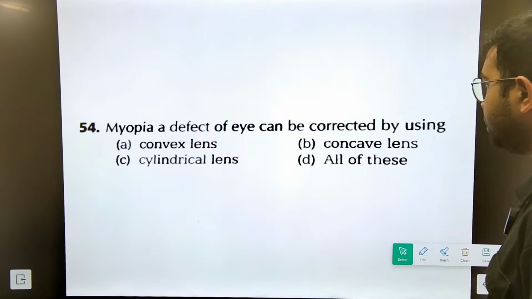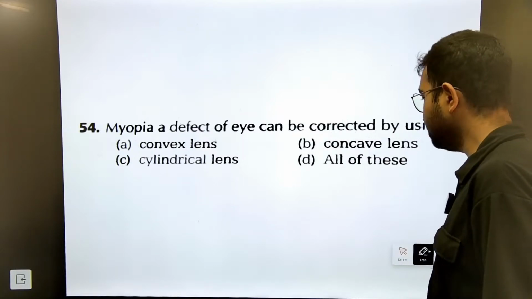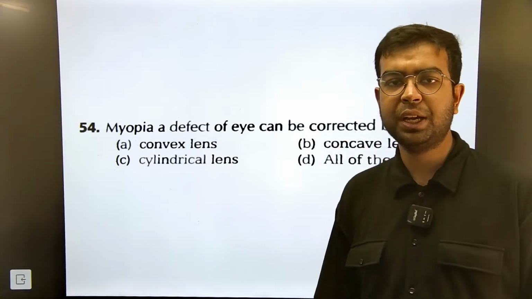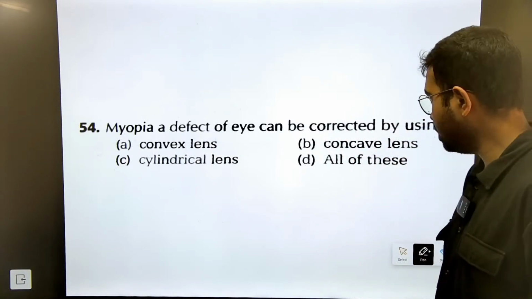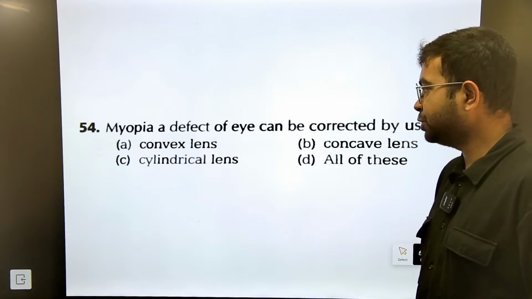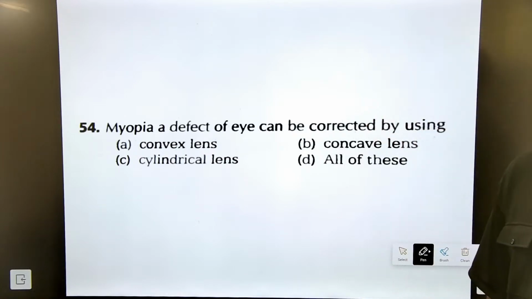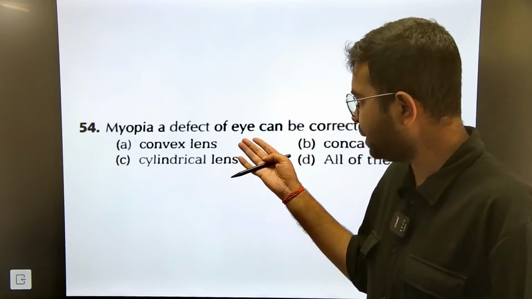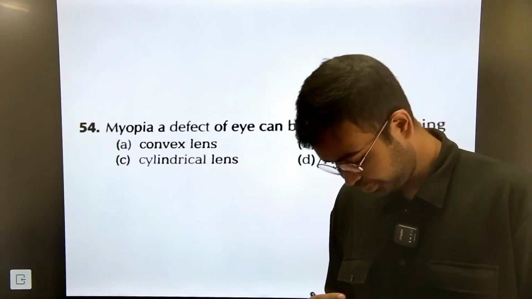Now the next question, ये तो बहुत easy है। Myopia, a defect of eye, can be corrected by which of these lenses? Myopia क्या है? Myopia जो होता है उसमें आपको दिक्कत ये आती है कि you are short sighted। Myopia is nothing but short sightedness। Why?